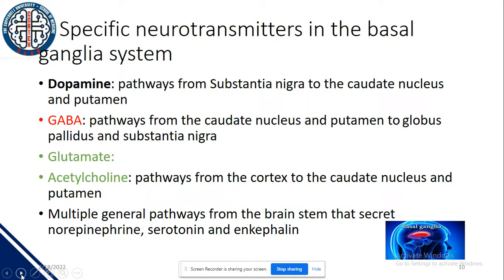Excitatory neurotransmitters are able to cause depolarization of a nerve so that it opens up. Inhibitory neurotransmitters are those which cause hyperpolarization. We'll look at hyperpolarization and polarization later on within this lecture.